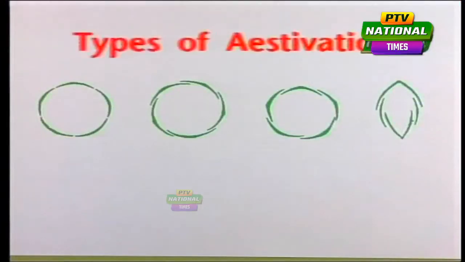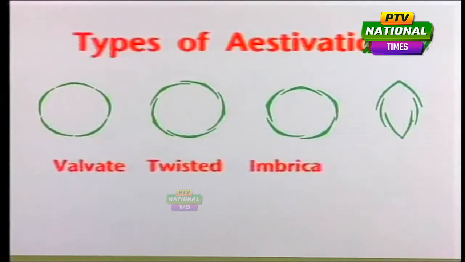So now let's go to our sir and ask him, would you please further explain what you mean by aestivation? Yes, for sure. As you've just mentioned, the mode of arrangement of sepals and petals on a flower is called aestivation. They're arranged in a particular manner, and aestivation is further divided into four different kinds: valvate, twisted, imbricate, and vexillary.